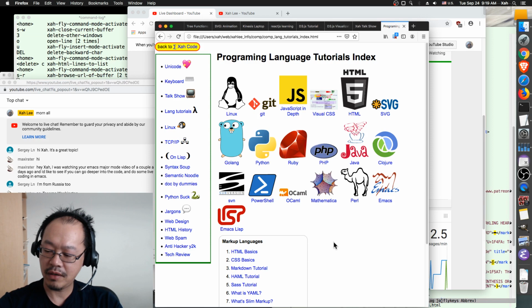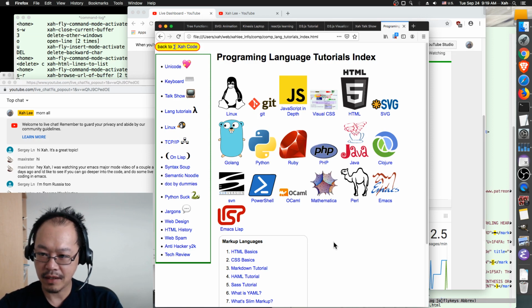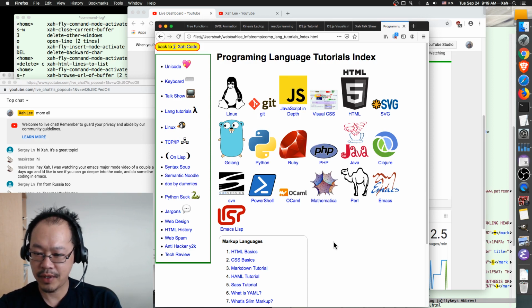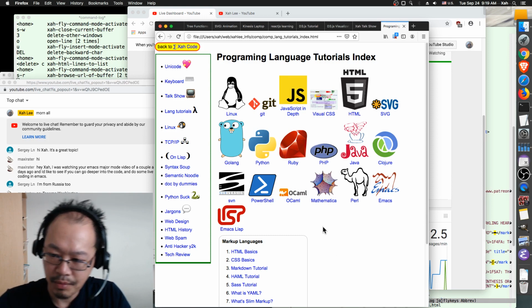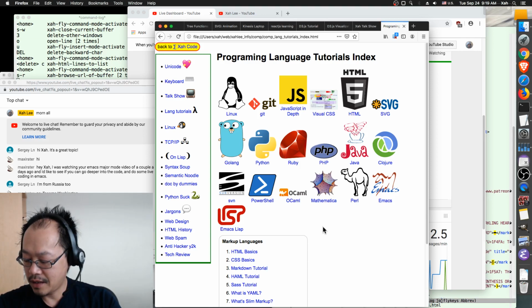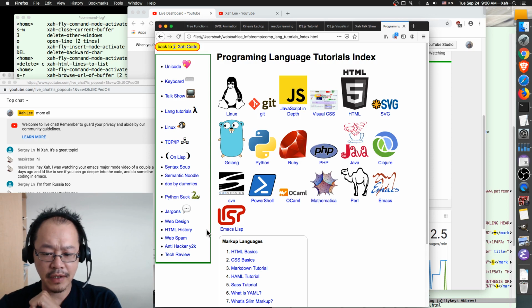Because when you start to talk about compilers, there is a lot of theoretical computer science, very interesting stuff. You start to learn about automata, regular expression. That is the origin of regular expression. It's part of parsing.